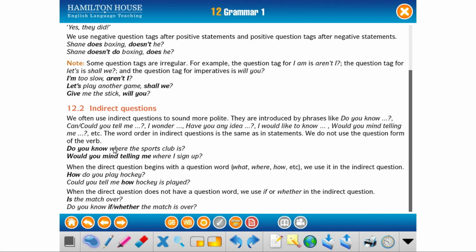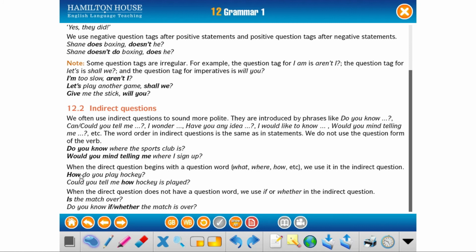But this is my question word, subject and verb. This is the grammar structure of an affirmative sentence. So remember that when we are using a phrase that talks about an indirect question, we write it as if we're writing a statement, not a question.